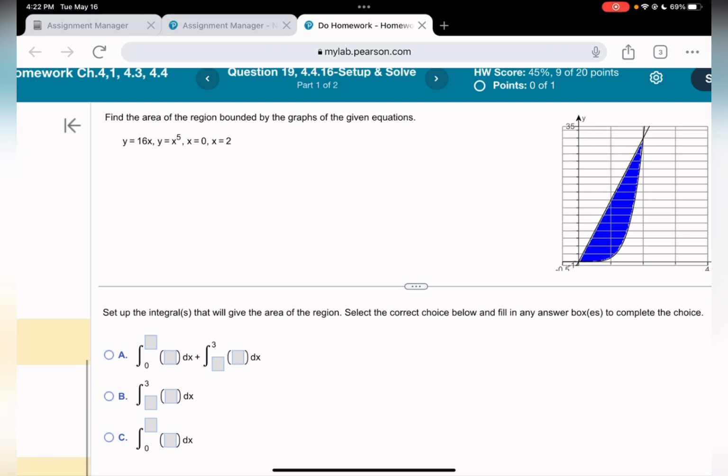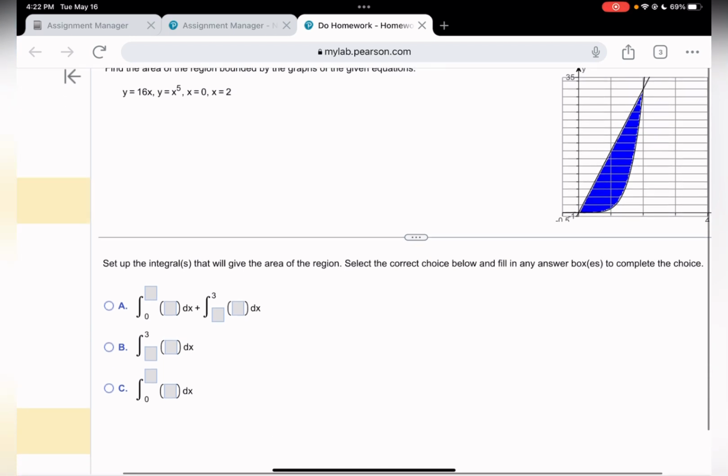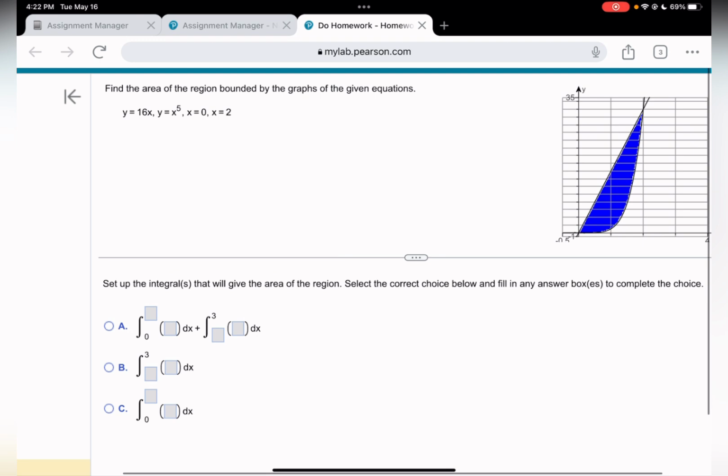So the interval is going to be between 0 and 2. Since we have here 0 and 2, C has beginning of interval 0, and A has beginning of interval 0. The B has ending boundary as 3, and we don't have it. It's 0 and 2. That means it's going to be either A or C.